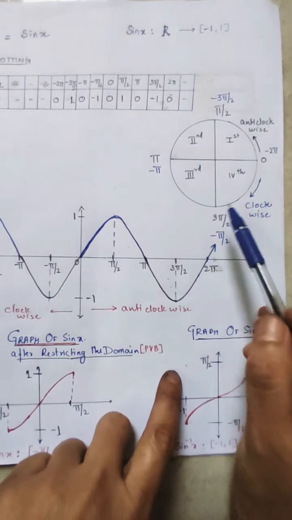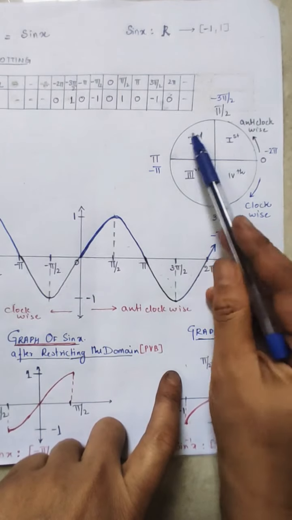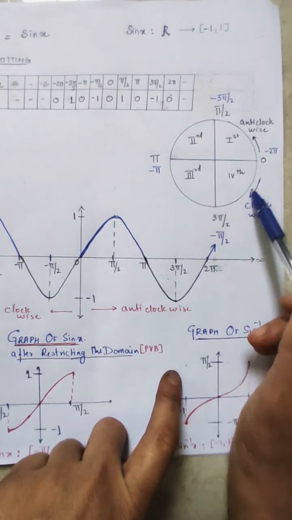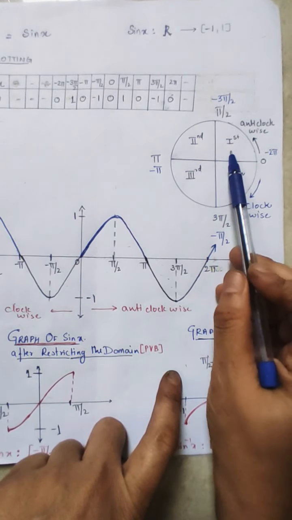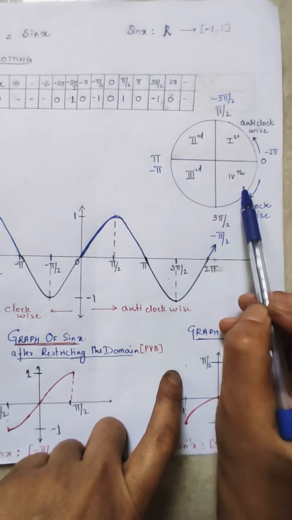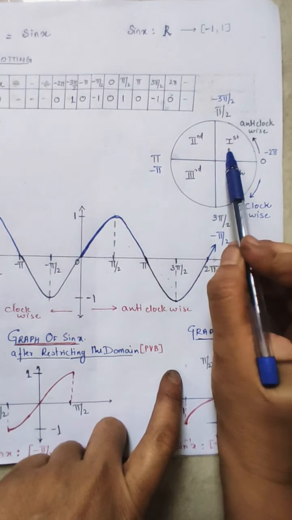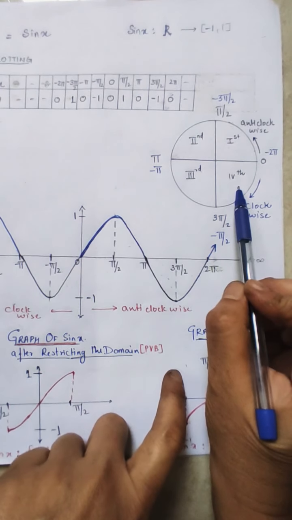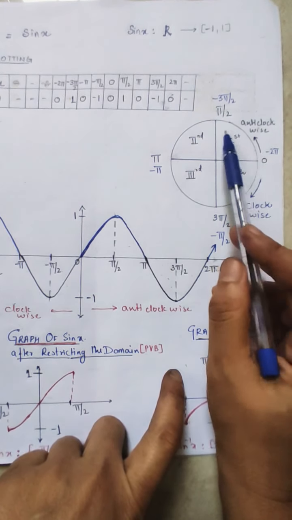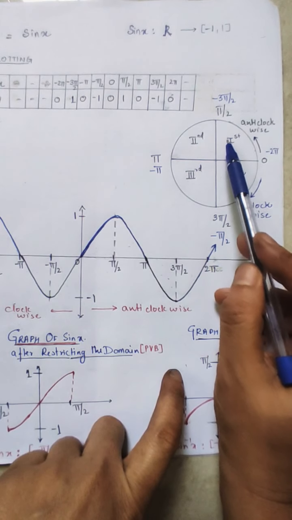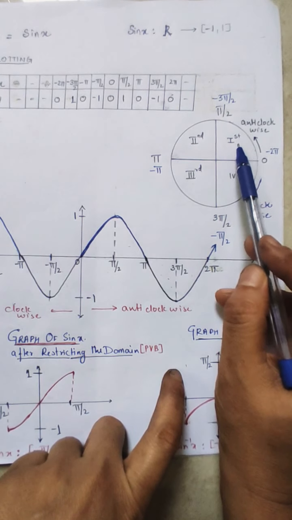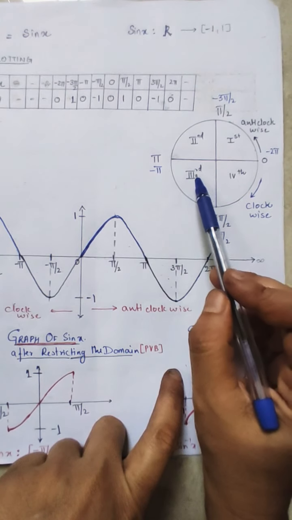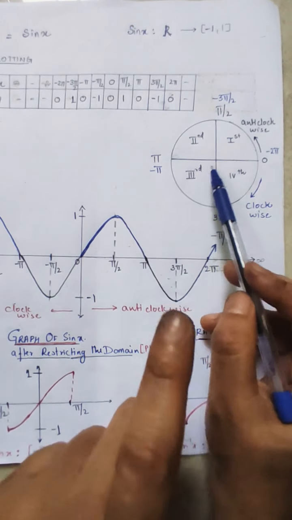Now look here, I have drawn a circular periodic function with the first, second, third and fourth quadrants. You know that sine is positive in the first and second quadrants, and negative in the third and fourth. So let us take the slice which covers the positive as well as the negative values only once.